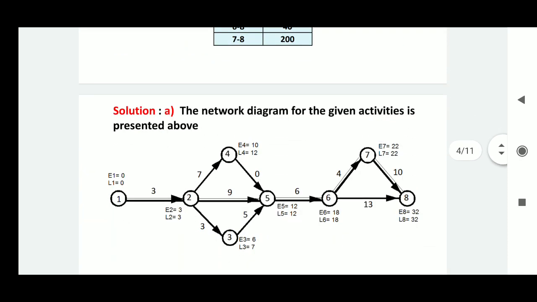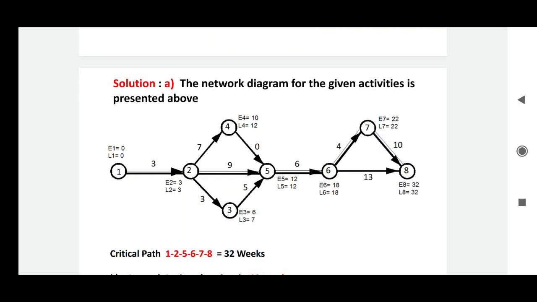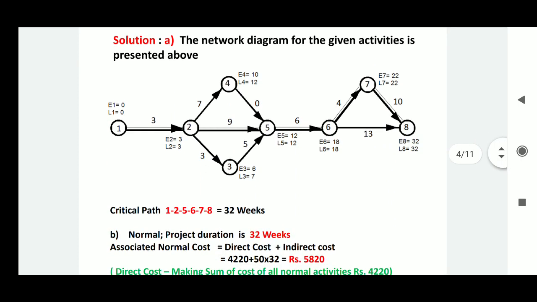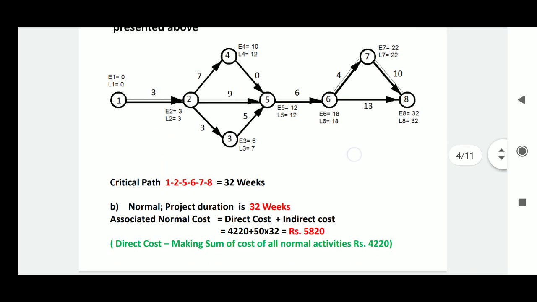The network diagram for the above project is drawn here, and the time duration for the project is calculated by using the forward and backward pass method. The total duration for the project is 32 weeks, and the critical path is indicated by the double line. The associated normal cost is direct cost plus indirect cost.